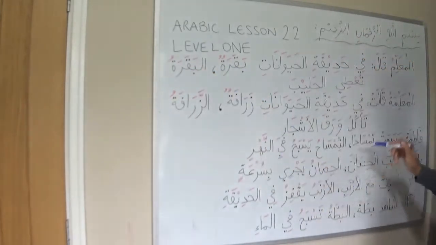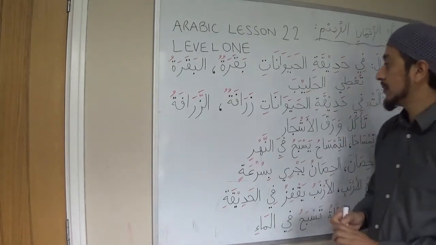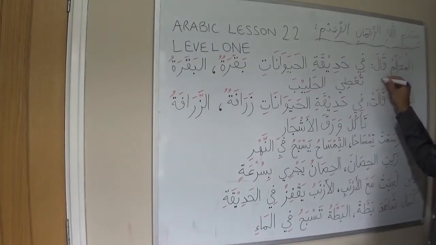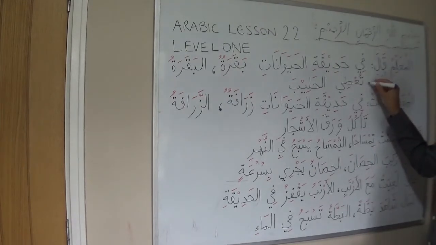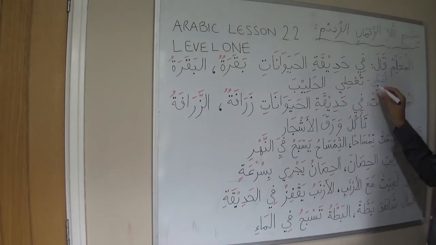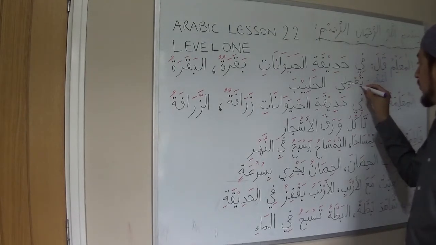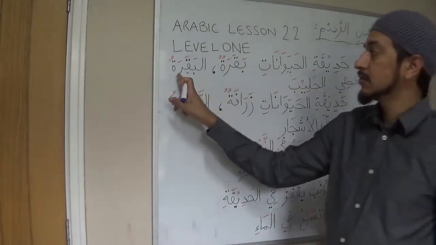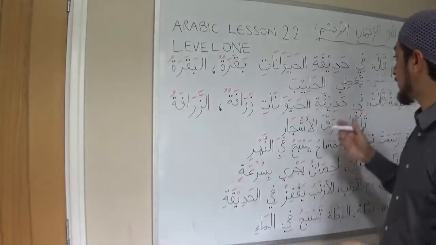And then we're talking about the cow. Al-baqaratu, the cow. تعطي الحليب, so we have another verb, تعطي, and that comes from to give, أعطى. أعطى يعطي for masculine, but because it's feminine, al-baqaratu with the ta, we're changing يعطي to تعطي.